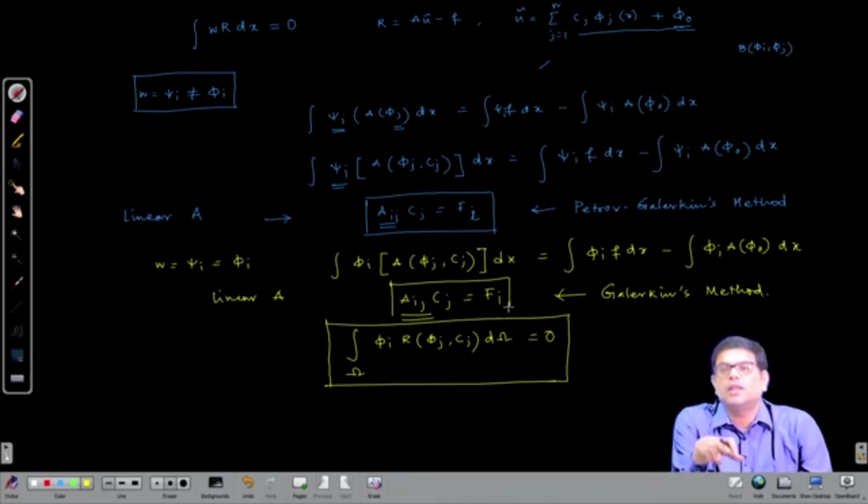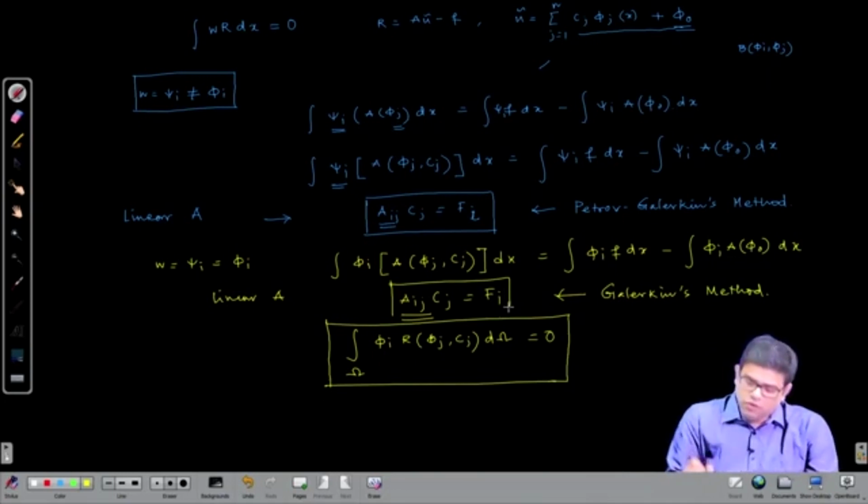So the first thing we can anticipate is that the differentiability requirement here will be of higher order compared to the Rayleigh-Ritz method. Why? Because in the Rayleigh-Ritz method, or the variational statement or weak form, we transferred the differentiability to the weight function, and that is how we reduce the differentiability requirement.